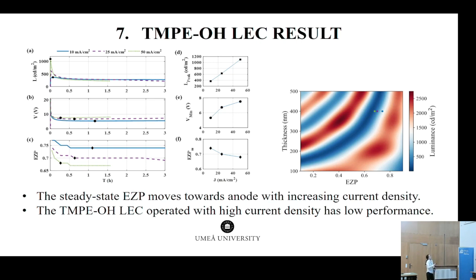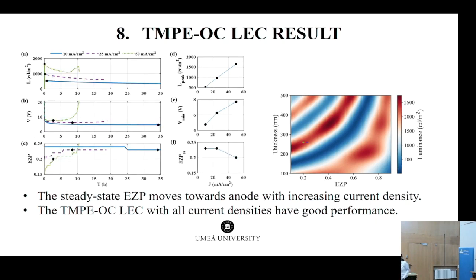Even though it's a high current density, in this transient luminance figure we can see that after a few minutes, it gives the same luminance as the low current density. So from this result, we have one observation about the steady state emission zone position shifting with different current density. The other is that for high current density, it's not meaningful to operate the device.